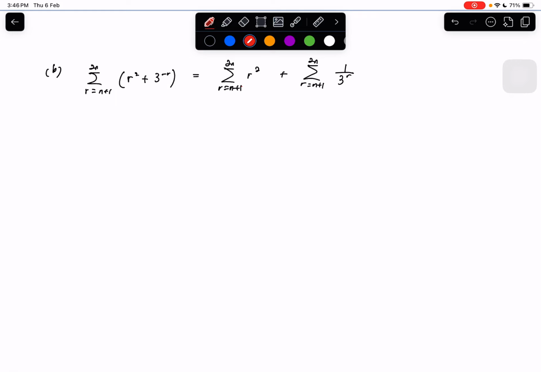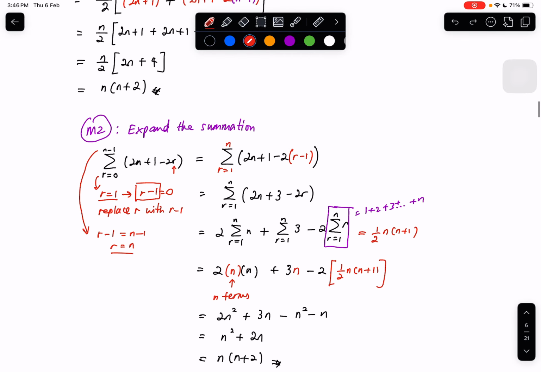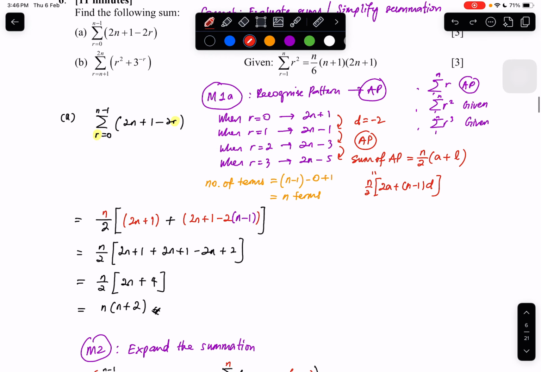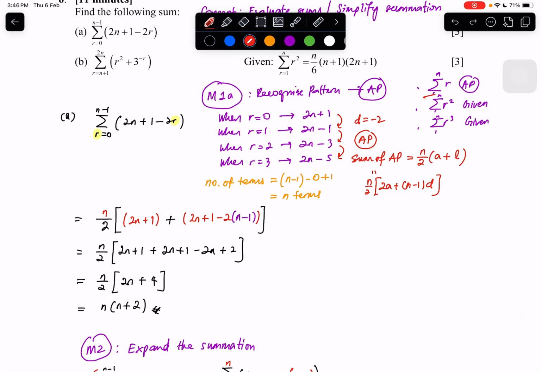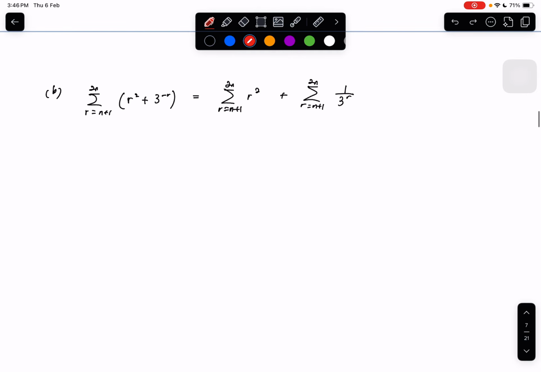Now we are summing r squared. I told you before we need to know the sum of r squared and r cubed over here. But the ones that are given start with r equals 1. However, we are summing from n plus 1 to 2n. So what should we do instead? If we have a sum from A to B, this is equivalent to the sum up to B, the big sum, minus the sum up to A minus 1.